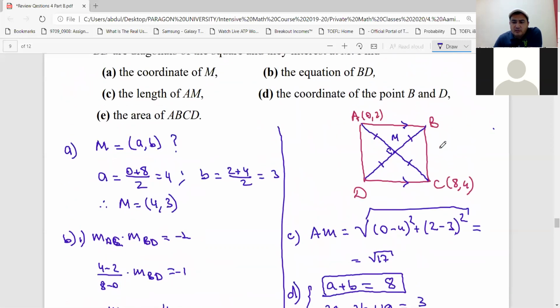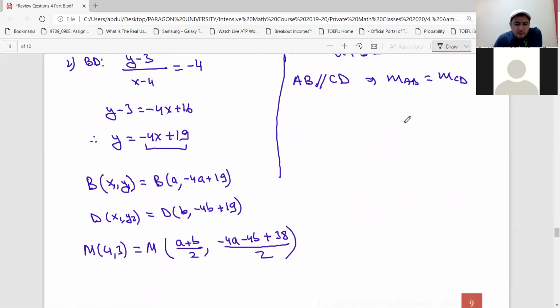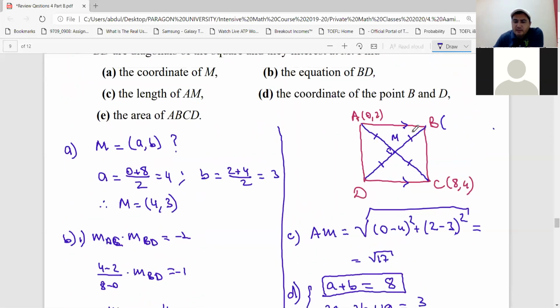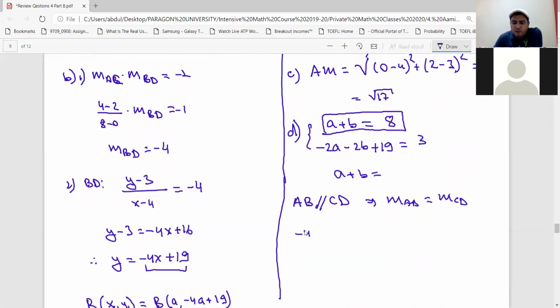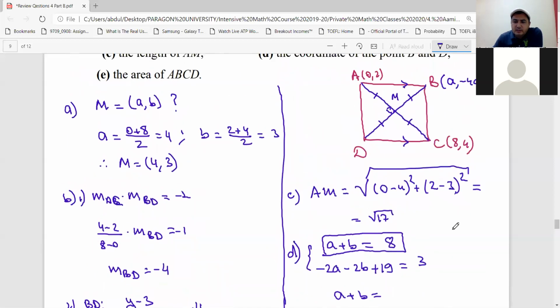Gradient of AB is, we know that this one is, B is A. Okay, that is A, minus 4A plus 19. So that thing is equal to minus 4A plus 19 minus 2 over A minus 0, which is equal to, how about CD?